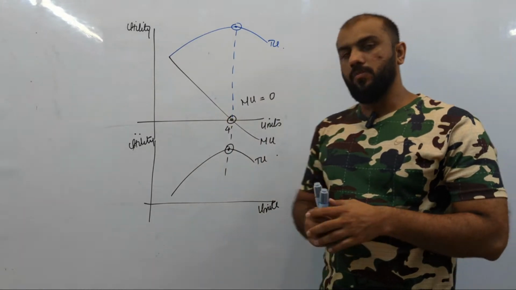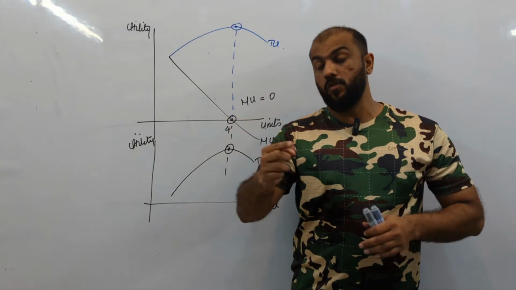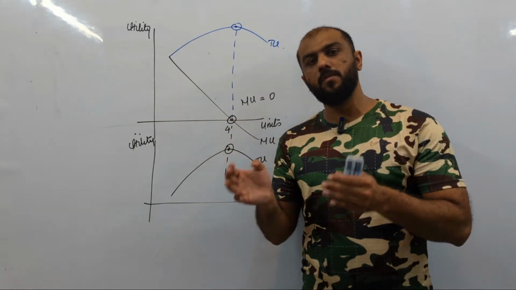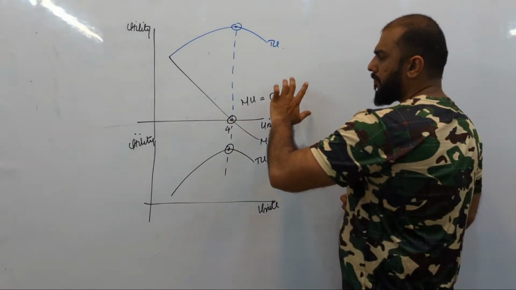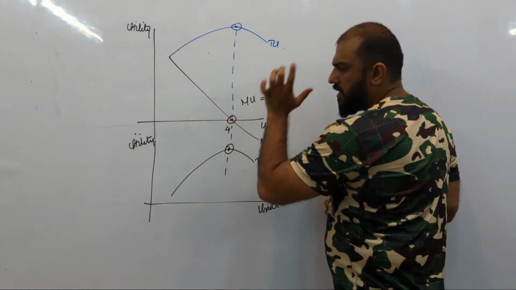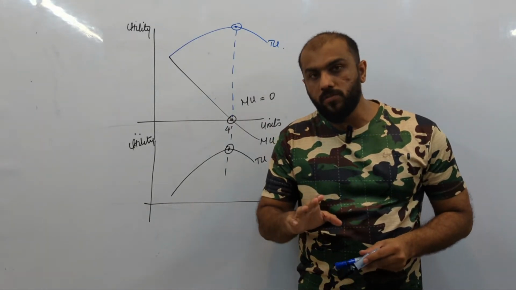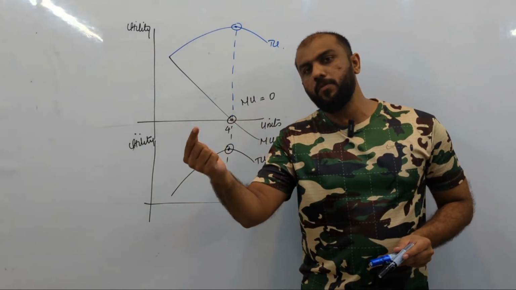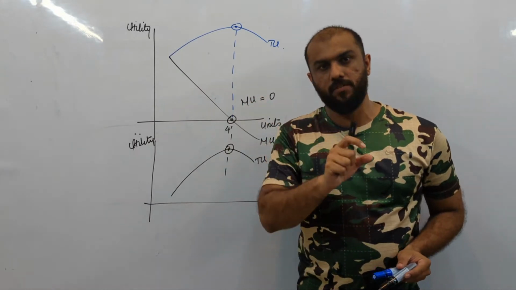All right. So the rule: total utility is maximized where your marginal utility is equal to 0, right? And marginal utility is known as diminishing marginal utility because every unit that you consume, the utility decreases, diminishes.